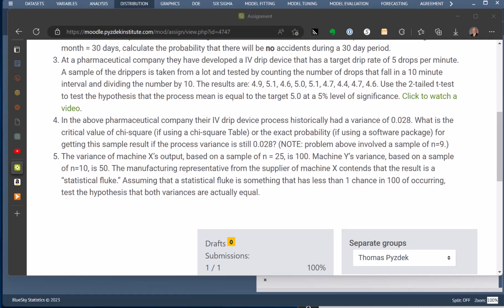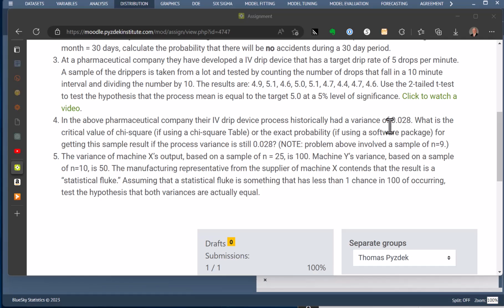For exercise 4, we're told that the above pharmaceutical company historically had a process variance for IV drips of 0.028. And we want to know what the critical value of chi-square is for getting the sample result if the process variance is still 0.028.